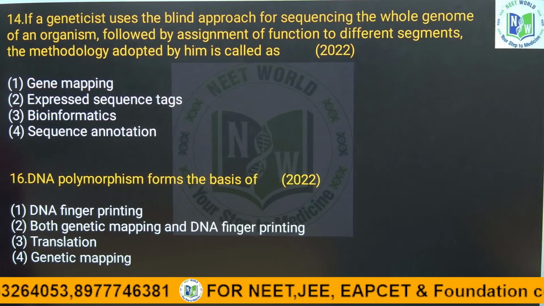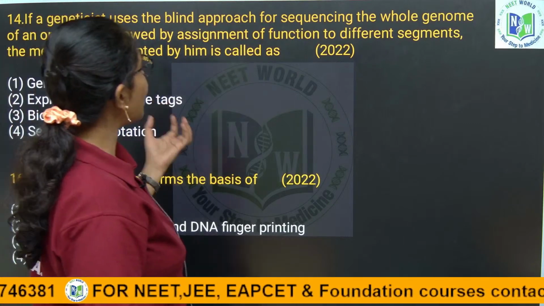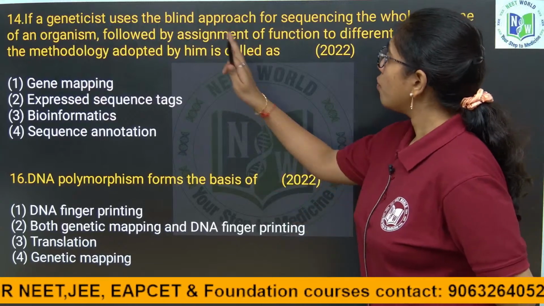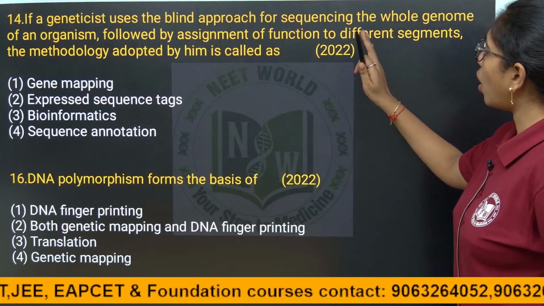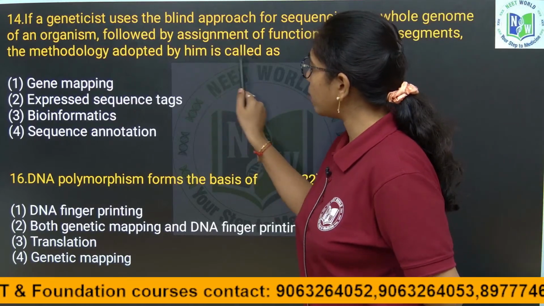Next, if a geneticist uses a blind approach for sequencing the whole genome of an organism followed by assignment of function to different segments, the methodology adopted by him is called as.